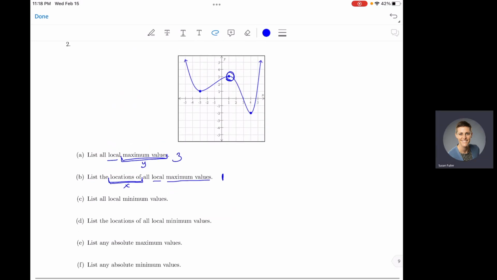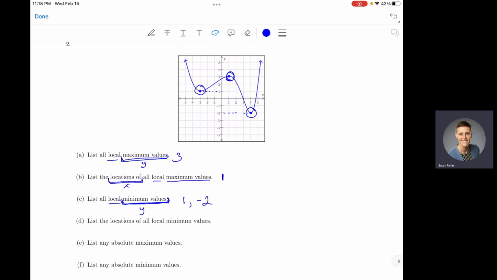Next one, we are asked for the local minimum value. Local means the bottom of any valley, and we're looking for the minimum values. I want the y value of those points. So if we look up here, our mins, the bottoms of our valleys happen here and here. The y values associated with those are 1 and -2. So I'm just going to list those out.